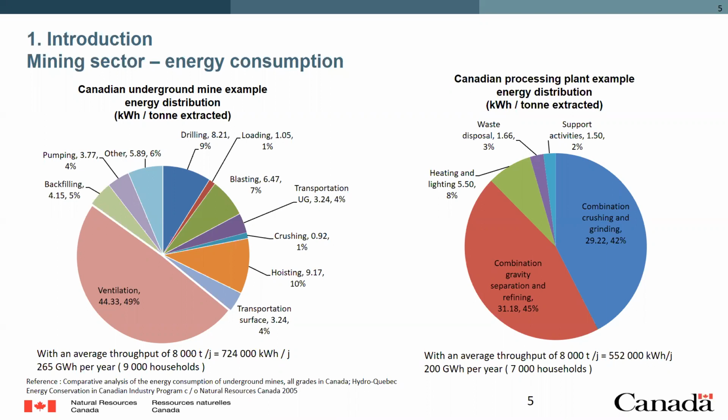That processing accounts for additional energy that could be equivalent to another 7,000 households. So to produce and process these 8,000 tons per day, you're talking about the equivalent of 16,000 households. That's a significant amount of energy, okay? Which also means there's a significant amount of energy that is being wasted in that process.